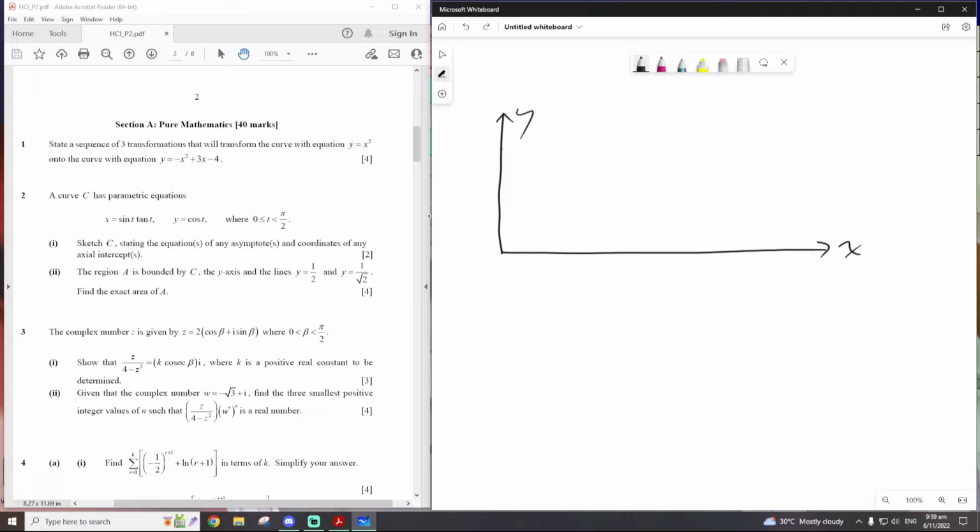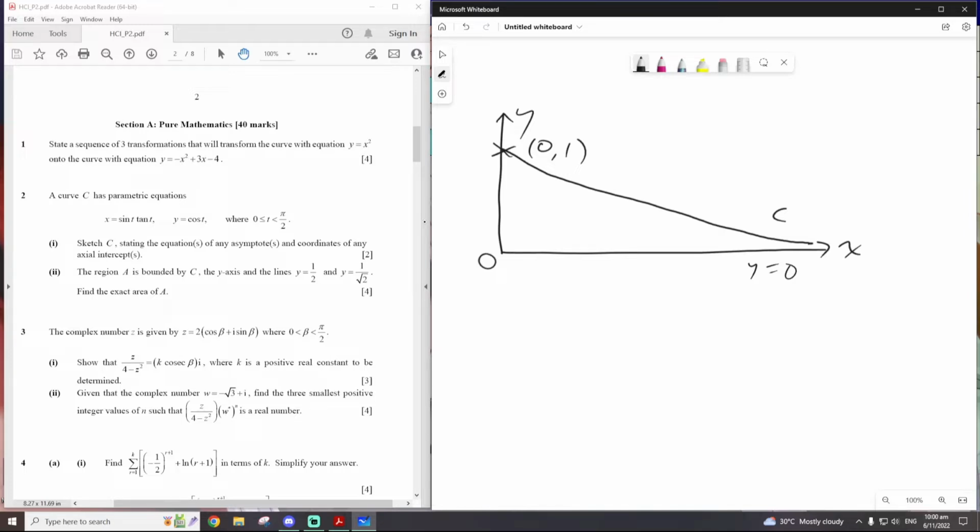You'll get a curve that is decreasing and has an asymptote. Okay, so this is the coordinates of x-intercept. This is actually going to be 0 and 1. This is the origin. This is the curve C, and the asymptote here is y equals 0, the x-axis.